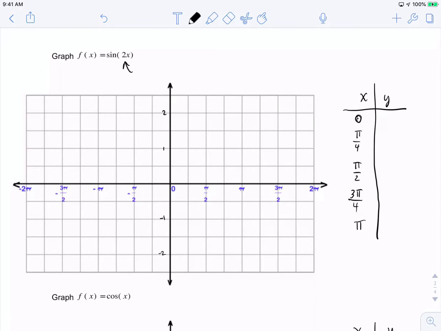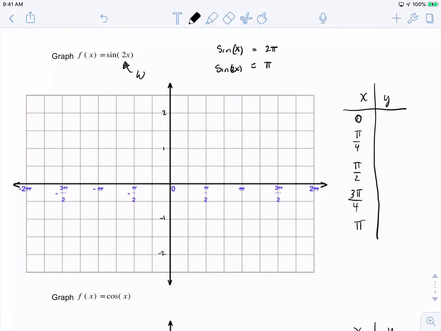This here is going to be omega, which is a symbol that looks like a W. This does affect the period. The period for sine of x is 2 pi. The period for sine of 2x is half of that, so it's just pi.